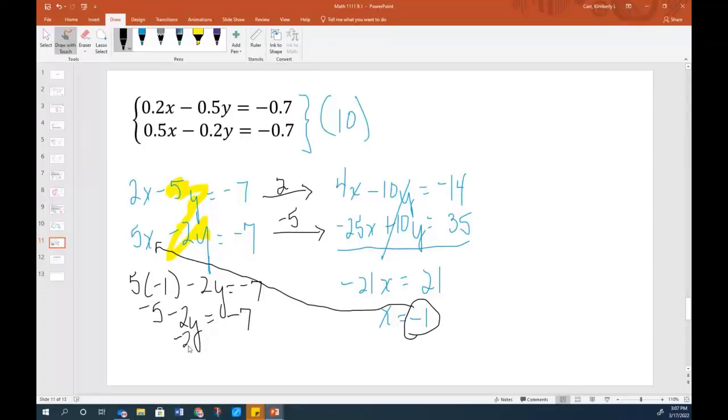Add 5 to both sides. -2y equals -2. Divide both sides by -2, and y equals +1. So then our answer, x value first, -1, comma, +1. And that's our answer.